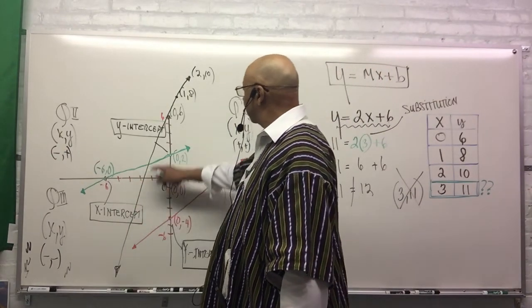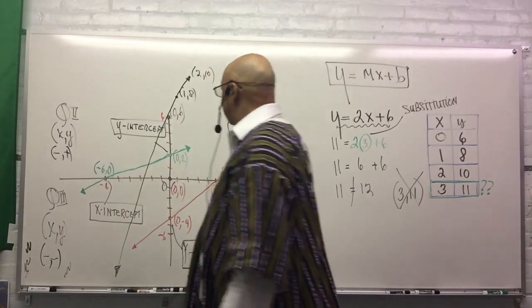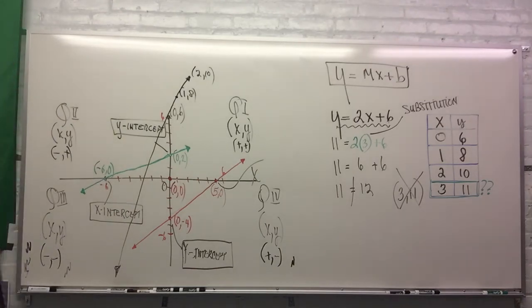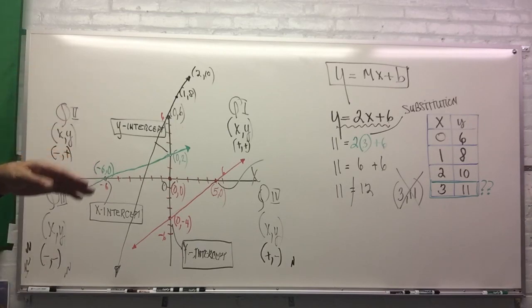I mean, the line we're talking about. 3, 11 is not on it. 3, 11 is someplace else. So that's how we would check to see if a point is on a particular line. We simply substitute the x value for the letter x, and we substitute the y value for the letter y and see what happens.